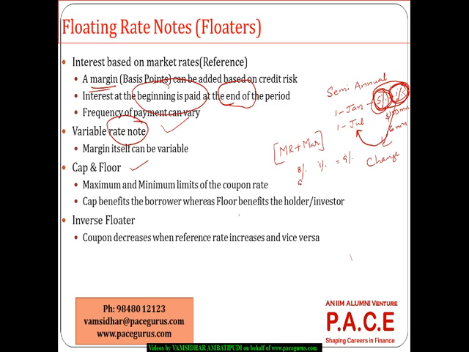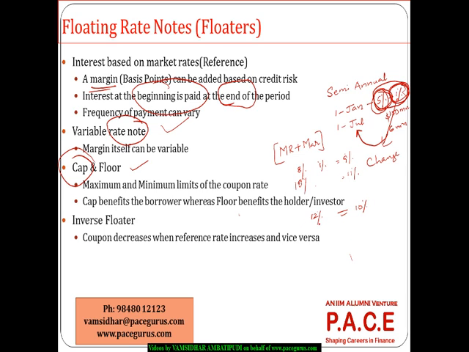If the market rate goes to 10%, the coupon is 11. So there is no upper limit on the coupon that needs to be paid. But when a cap is being looked at, it is the maximum limit. Even if the market rate goes to 12%, the maximum coupon that would be paid is only 10.